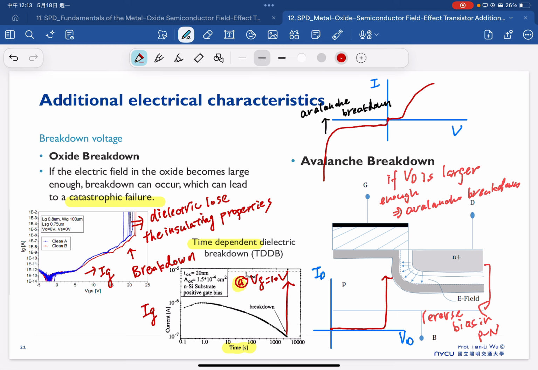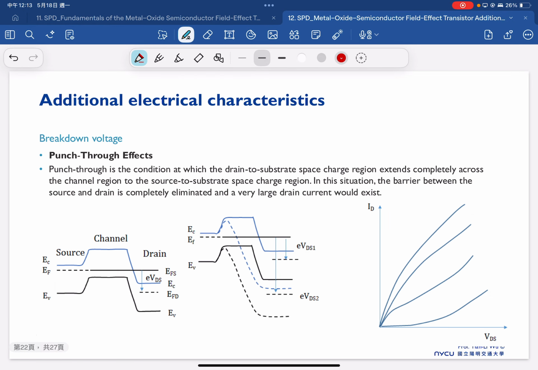This happens at VG equal to 0 volts here. But the concept is the same as the PN diode. And another very well-known breakdown is what we call the punch-through effect. Especially, this is very important for short channel devices.